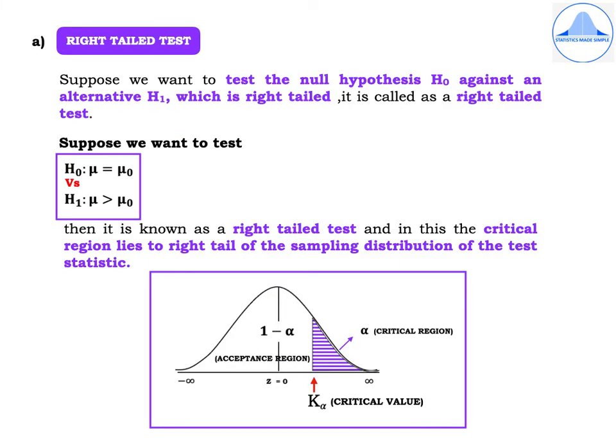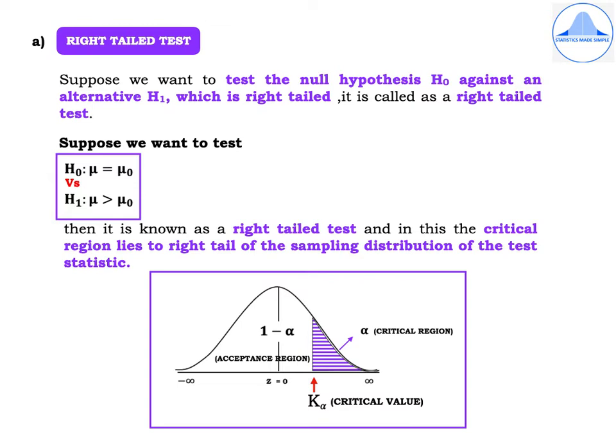Let us now learn what is a right-tailed test. If I want to test the null hypothesis H0 against an alternative H1 which is right-tailed, then it is called a right-tailed test. Let's take an example to understand this concept better. Suppose we want to test H0: mu equal to mu naught.